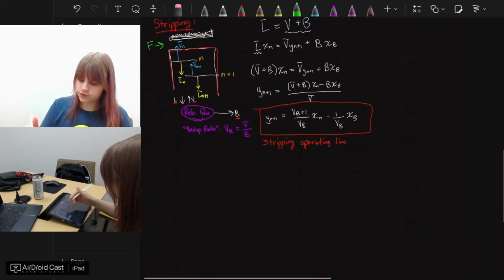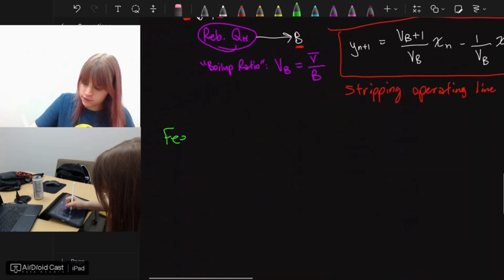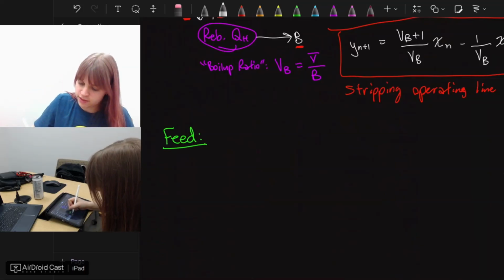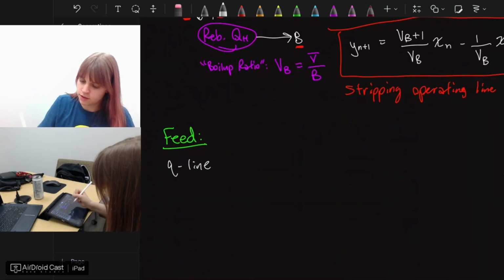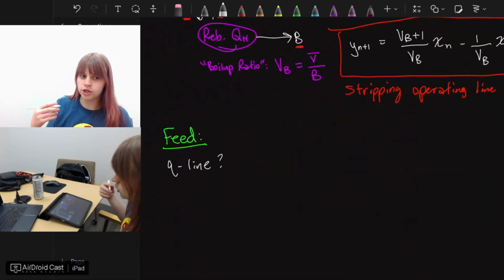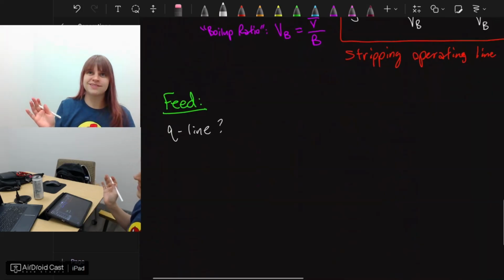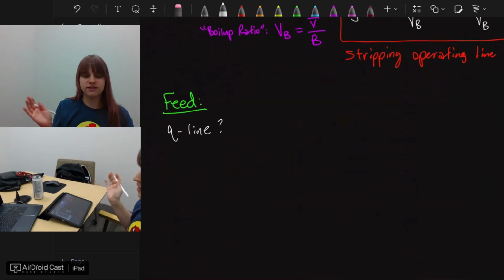And so for our feed section, we want to find the Q line. So first I want to talk about what Q is. In long terms, the Q line represents the physical state of the feed mixture.